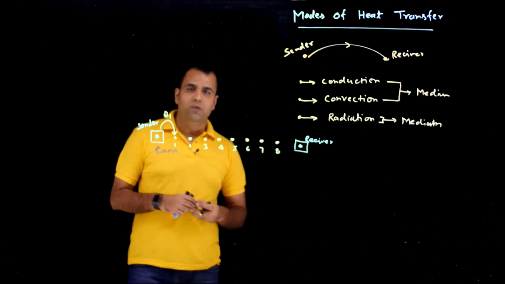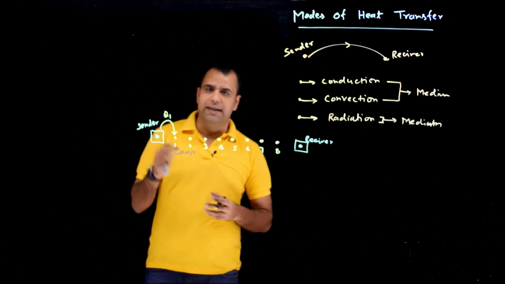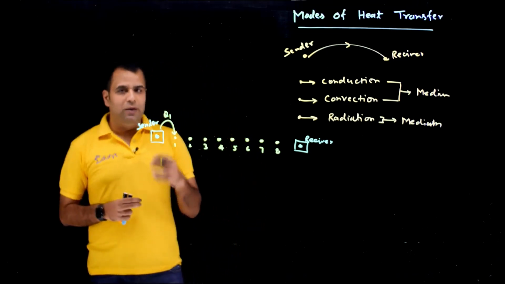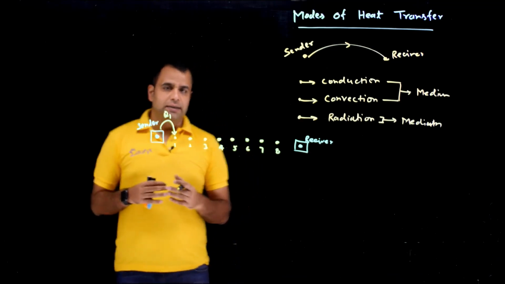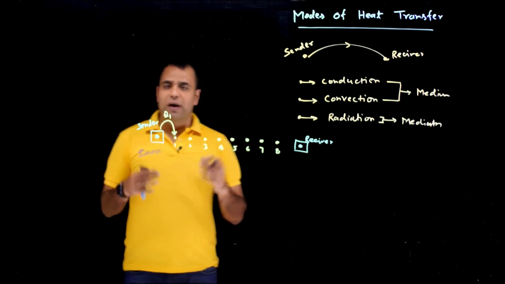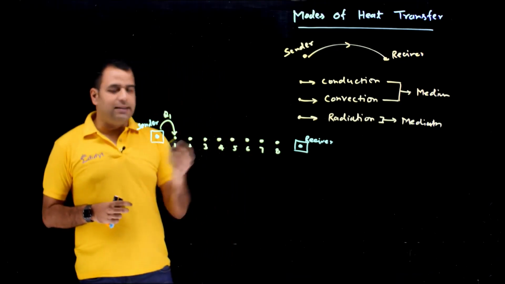The moment particle 1 takes the heat, it will start vibrating because heat corresponds to energy. It will convert that energy into its kinetic energy and will start vibrating fast.